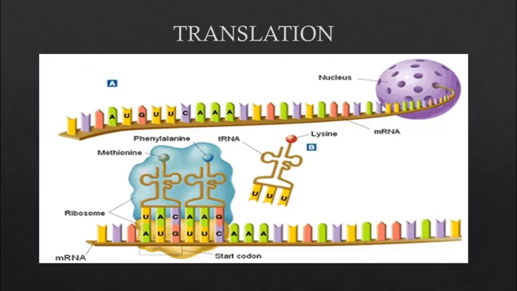If you see the second picture, the tRNA is bringing different amino acids according to the message on mRNA and is dropping that particular amino acid and leaving. So the tRNA drops the amino acid and leaves the ribosome. The process continues till all the codes of mRNA are read.